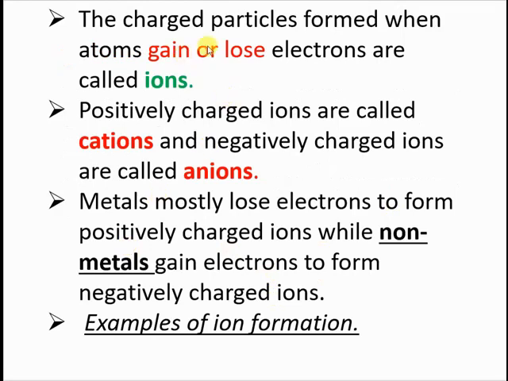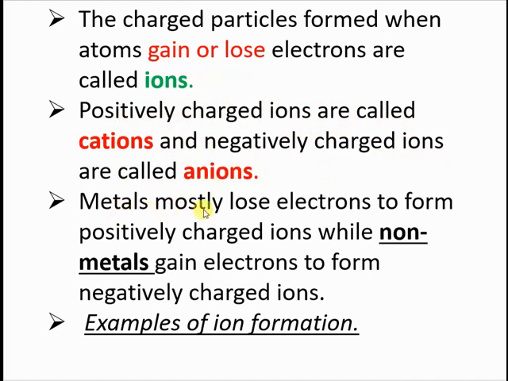The charged particles formed when atoms gain or lose electrons are called ions. When an element loses or gains electrons to be stable, it becomes either negatively charged or positively charged. So the positively charged ions are called cations, and the negatively charged ions are called anions.